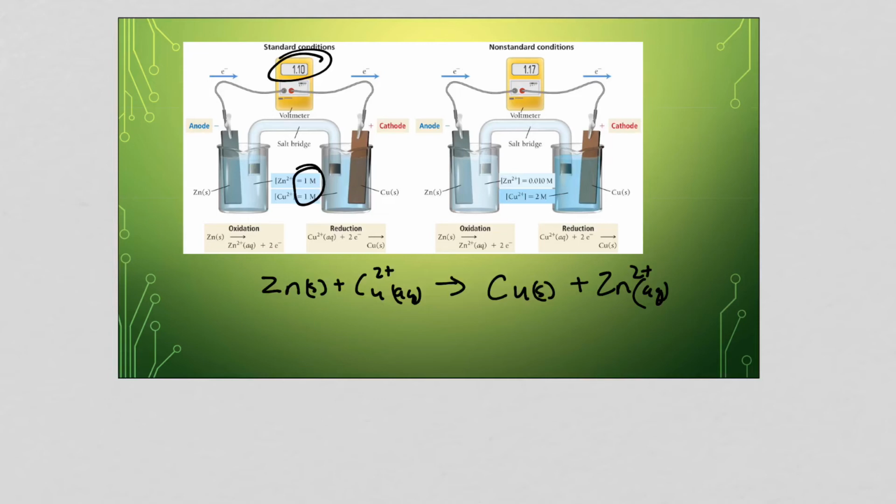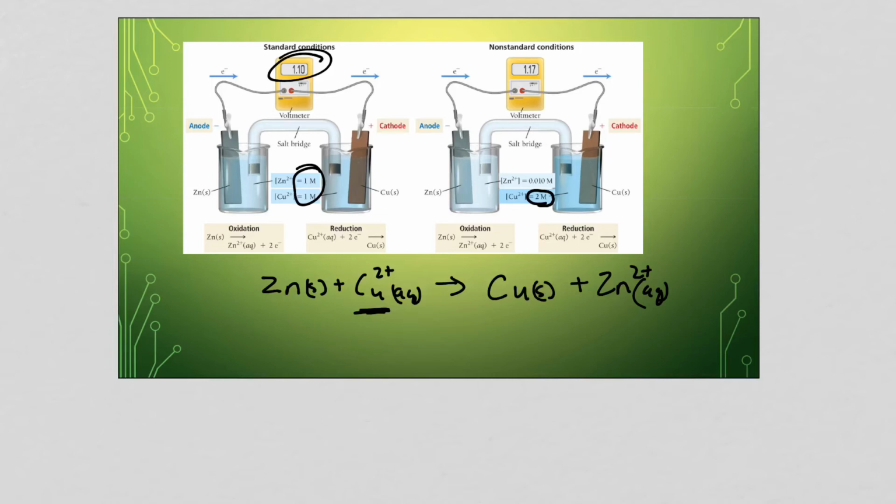But if we look here, and we set it up so that we have more of what would be the reactant, right? So in this case, the copper ions are our reactant.